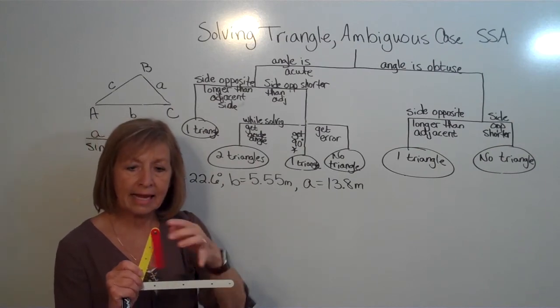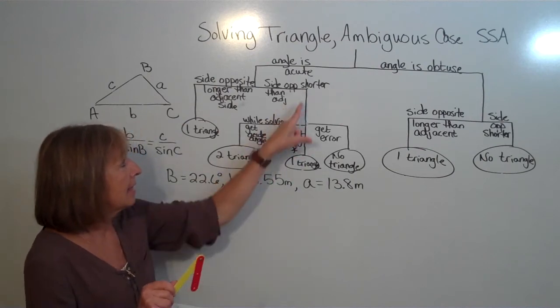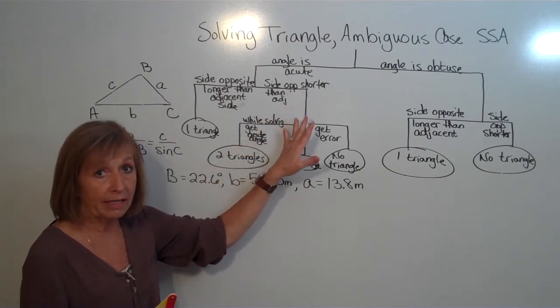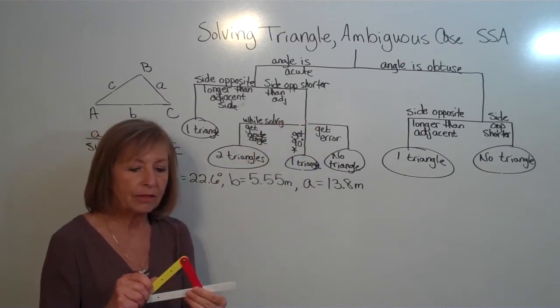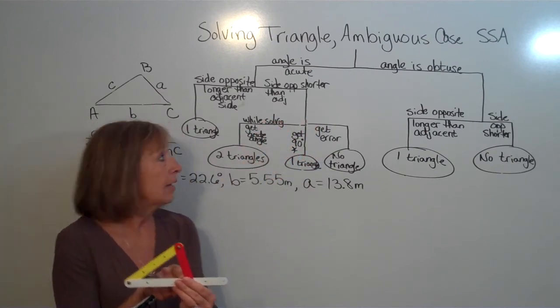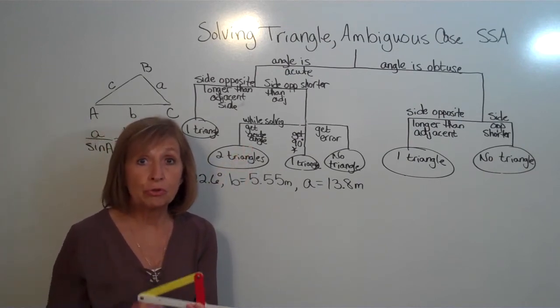That's the case I have here. Then while I'm solving it, if I actually get an acute angle, then I'm going to get two triangles.